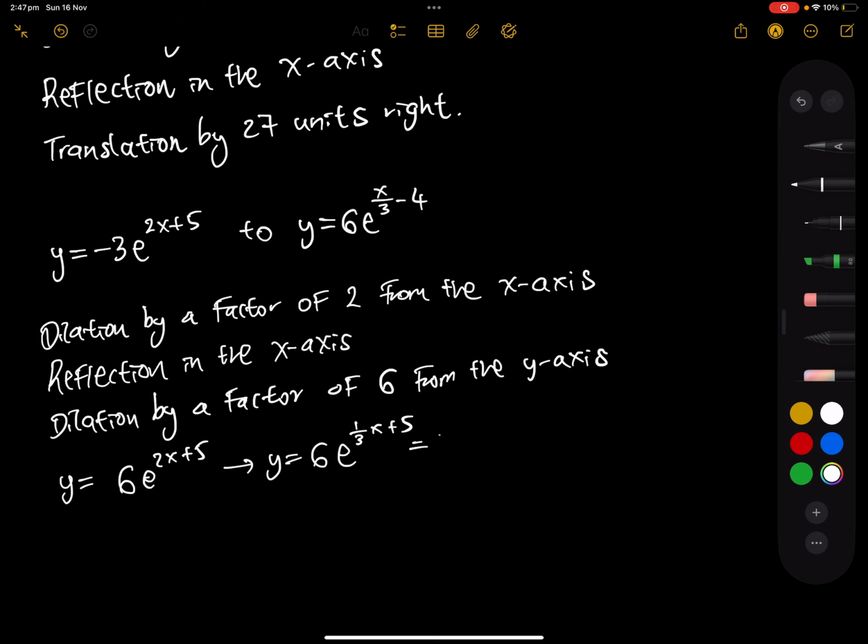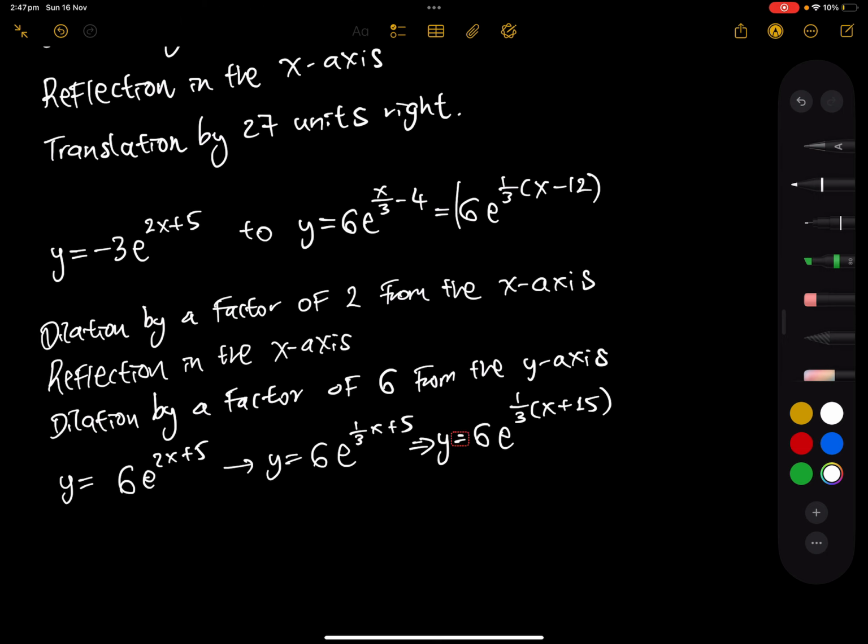So y equals 6e^(1/3(x+15)). And for our image function, it is 1/3(x-12).